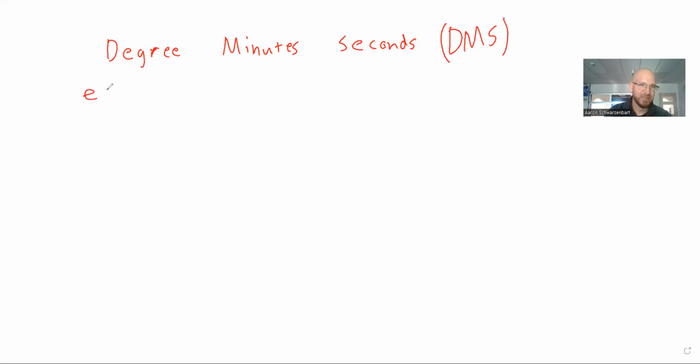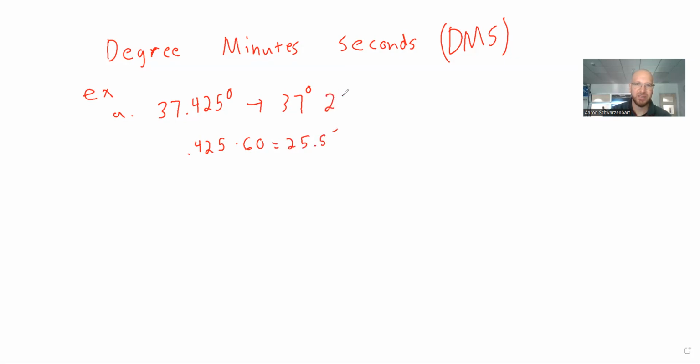So example one: we're going to convert from degrees with a decimal, 37.425 degrees, to degrees, minutes, seconds. That's part A. Well, it's 37 degrees. To do the minutes part, I'm going to do 0.425 times 60, which equals 25.5 minutes.